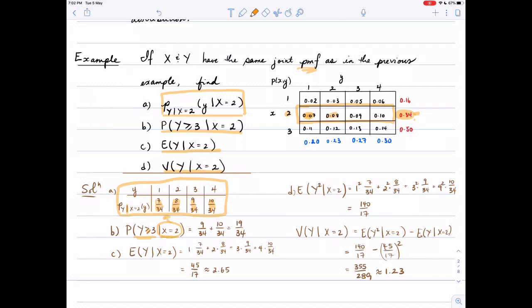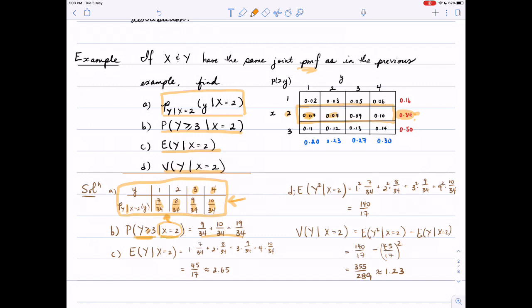It's incorporated in this PMF. So we just use the PMF like we normally would. The probability that y is greater than or equal to 3 in the conditional distribution is just the probability of 3 and the probability of 4, so we add them together.